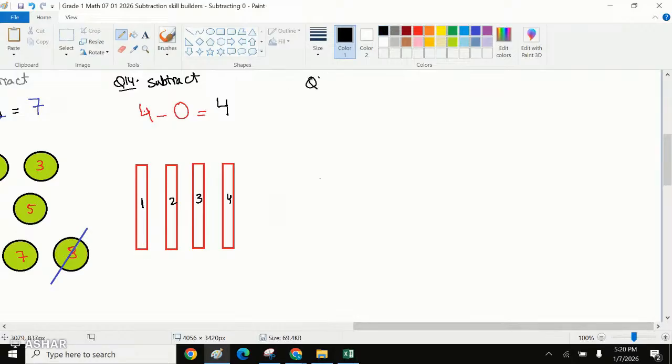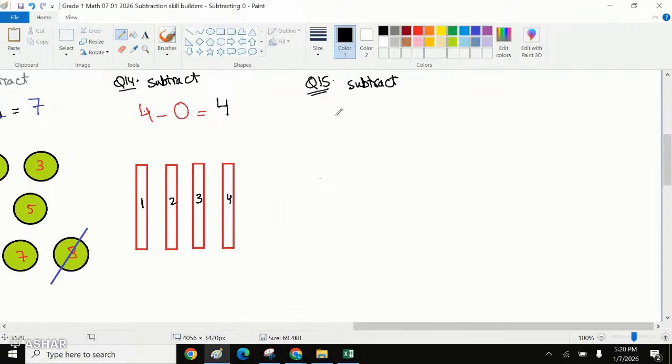Question number 15 says subtract. Let's look at what value is in the question. It says 3 minus 0.